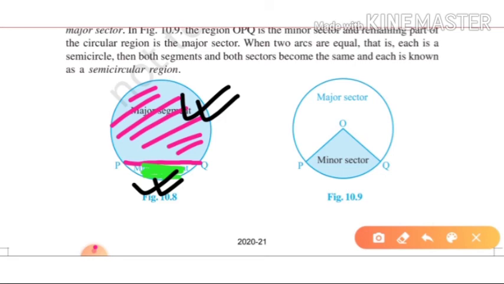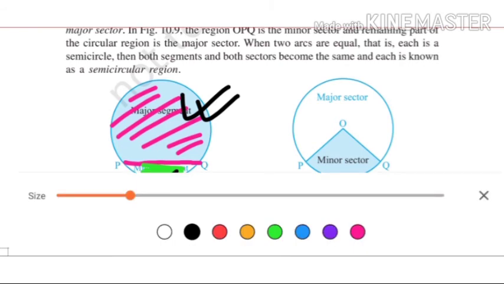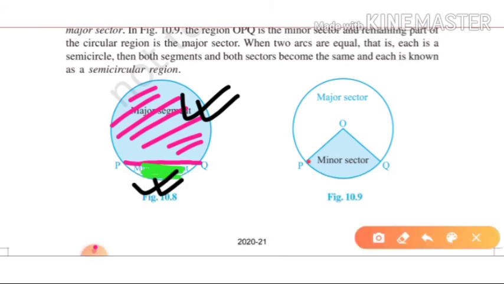Now when we talk about sectors, say we are taking here the same arc PQ, but we are not joining PQ, we are joining P and Q to the center of the circle. So here we have PO and OQ as two radii of the circle.